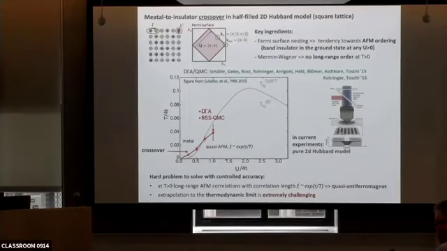However, the study already demonstrated that the problem is very challenging because the correlation length was found to be very large across the crossover, and it's really difficult to extract reliable results from finite size calculations.